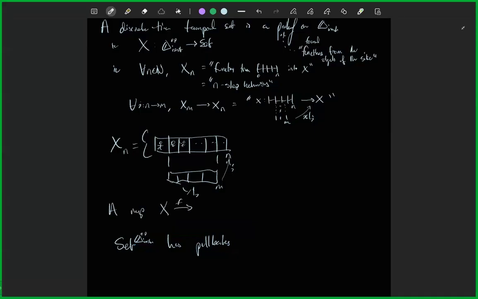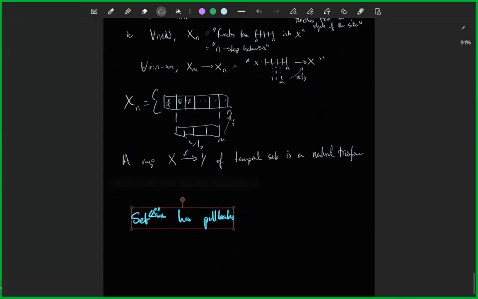x to y of temporal sets is a natural transformation. So what does that mean? Well, it means that we have functions fn from xn to yn, and then if we select out subcomponents here, so this is restricting along I, this is also restricting along I, this is fn, this is fm, then this has to commute.